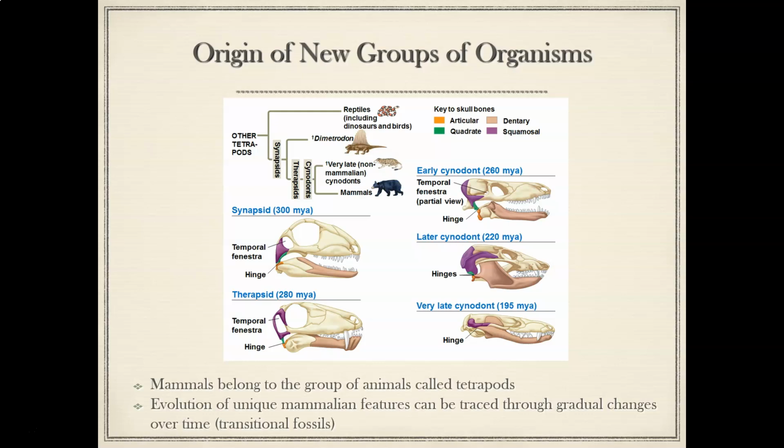So this is just an example of mammals known as tetrapods, and we're looking at these transitional changes in the back of their jaw structure over time. And we're able to see these show up chronologically in the fossil record, which is really kind of cool.